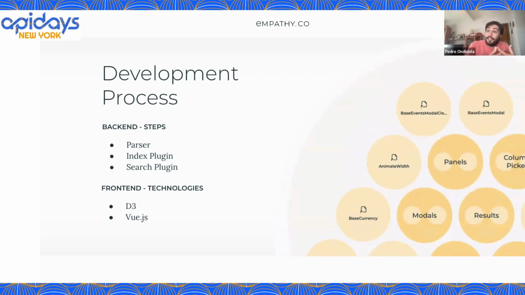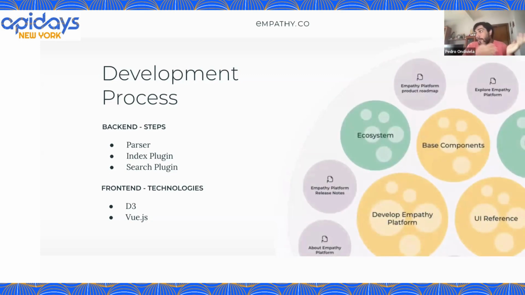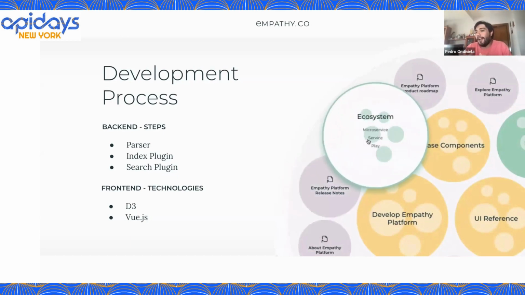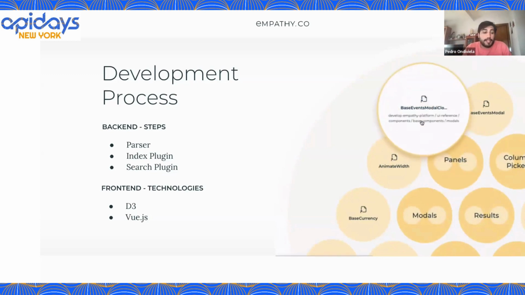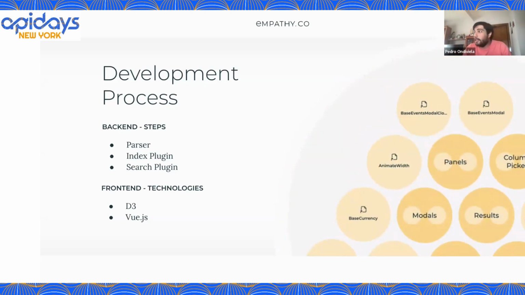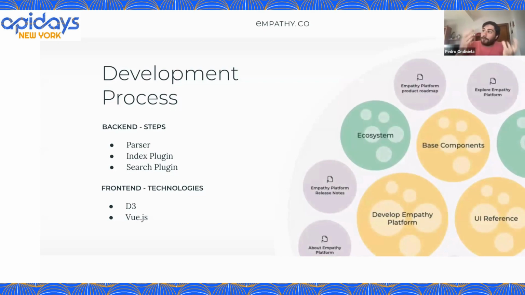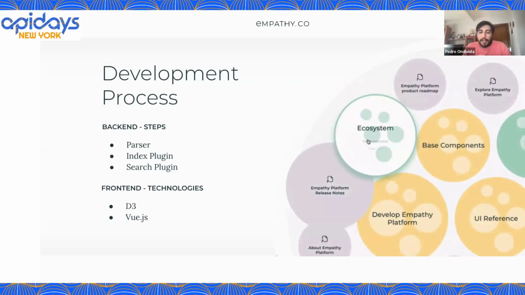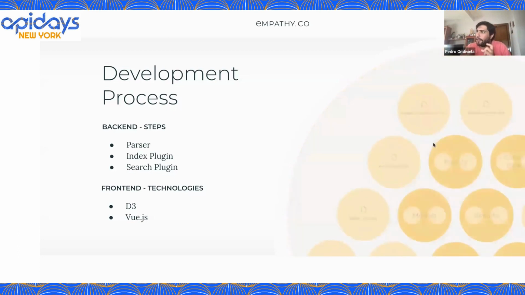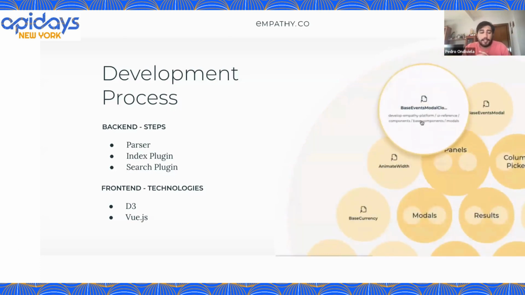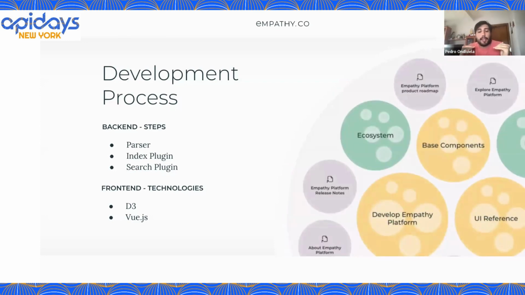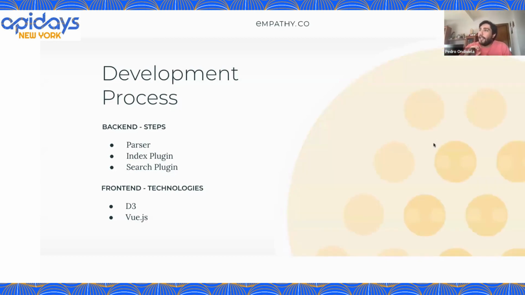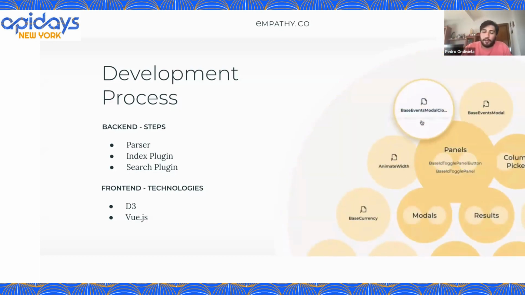Then in the front-end part, as you saw before, we made a proof of concept. First, we were testing D3 and Vue.js, which are the libraries that we are using for creating this visualization. Then we were doing some user experience tests and fine-tuning different things. For example, things like the breadcrumbs in the top part of the holons were part of these studies.